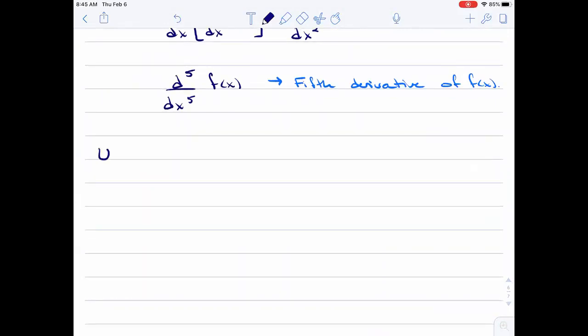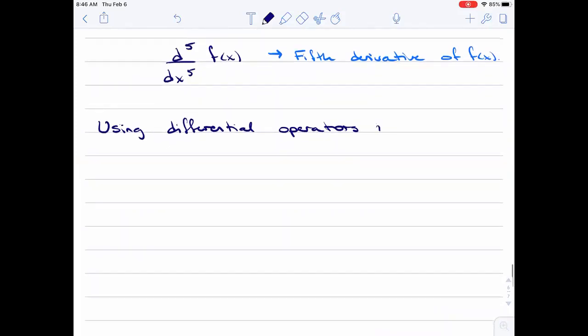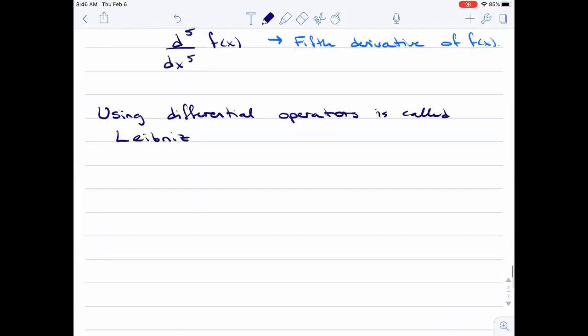So using differential operators is called Leibniz notation.